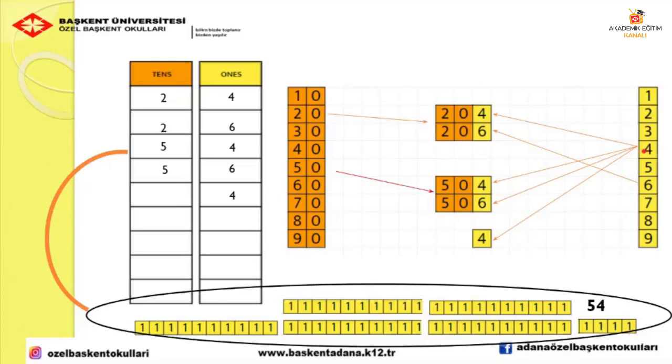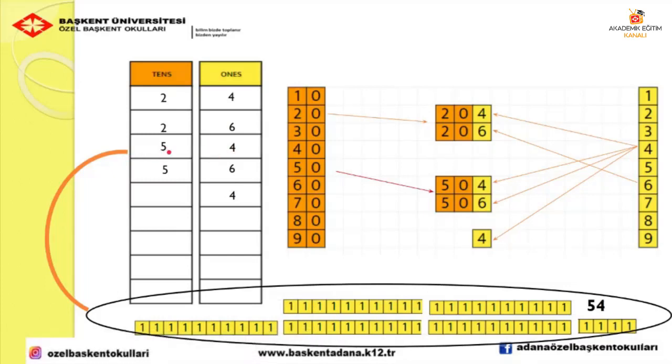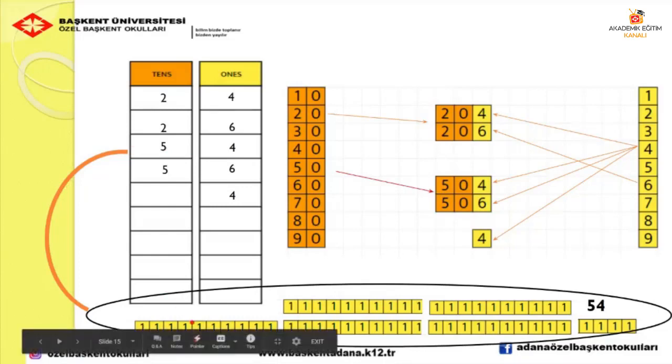I can also use number 4 on its own, and I will have a one-digit number. Ones and tens tell us how many tens and ones are there in a number. Look at number 54. In number 54, there are 5 tens and 4 ones.